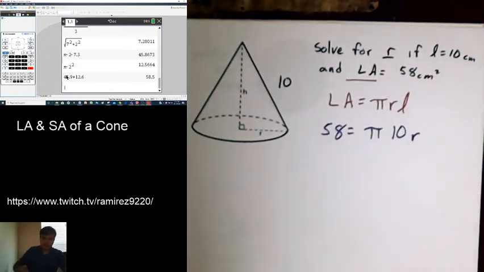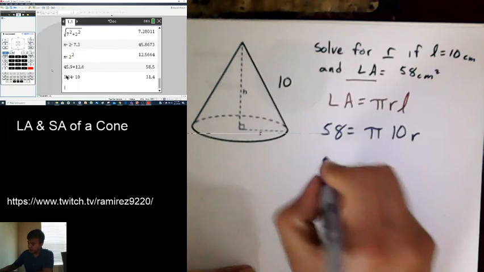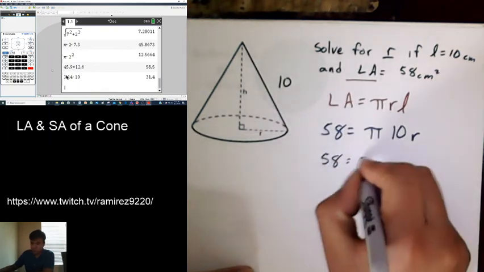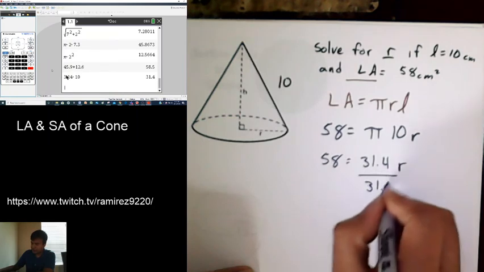If you didn't have a fancy calculator, I would recommend just to do the 3.14 times 10 first, right? So we get this 31.4, and then it's going to be obvious what you're going to divide.